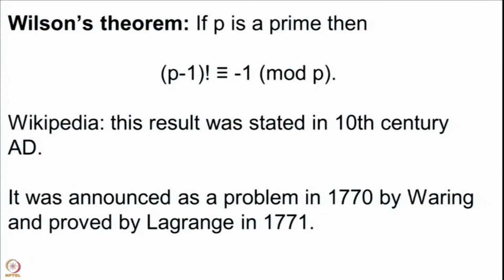He computed this p minus 1 factorial for several primes, and he noticed that this is congruent to minus 1 mod p. As is very common with teachers, Edward Waring gave it as a problem to John Wilson to show that p minus 1 factorial is congruent to minus 1 modulo p for every prime, but Wilson could not do it.